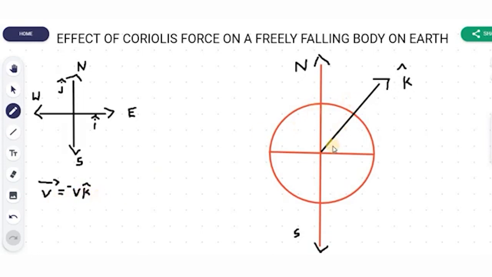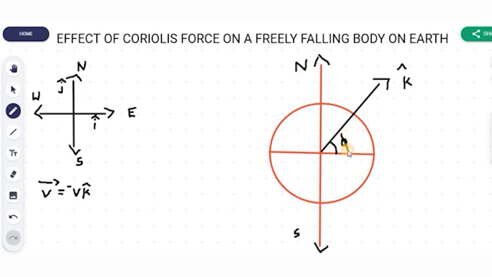And I can just mark this angle. I cannot use these symbols here, I would have to copy them from Word. For the sake of simplicity, I'll write this angle as phi.